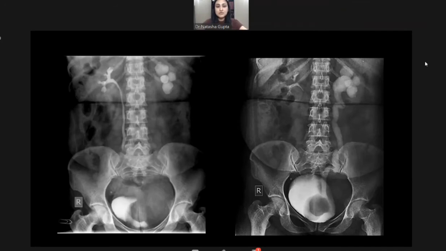That could be one possibility, or there is some associated extrinsic soft tissue lesion also. If we notice, there is some soft tissue density which is noted. So those 2 possibilities will now come into play.